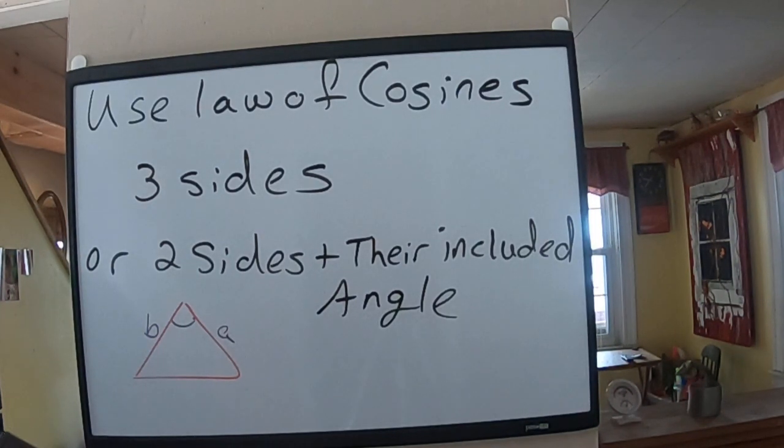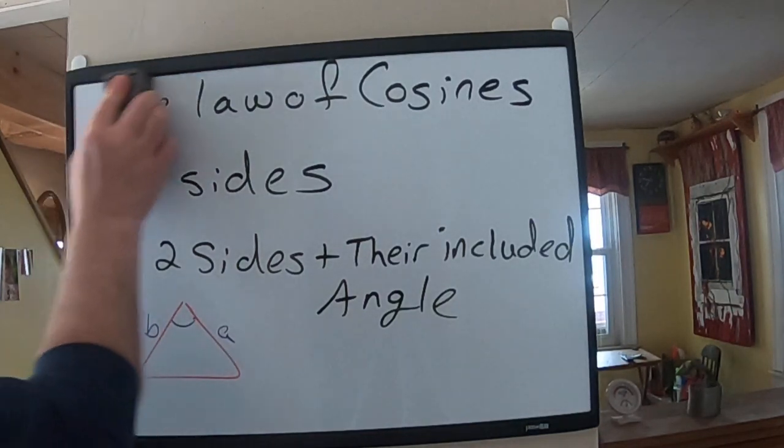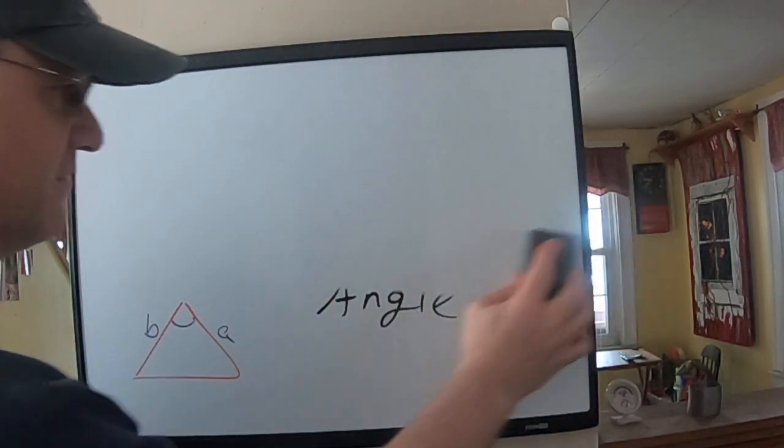So I'm going to erase this now because this is all in the book that you're able to use, but let's just erase this for now and do an example. The instructions for this example is to find all of the angles and sides that are not already given to you.